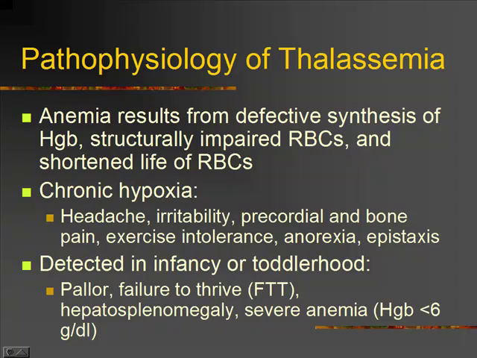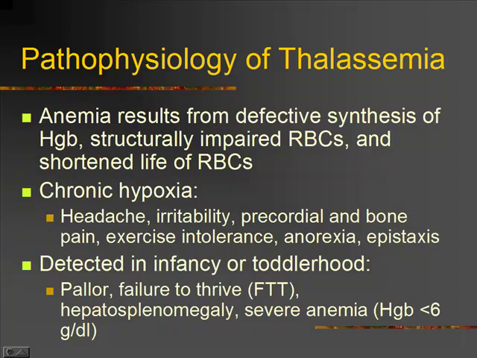Now, the pathophysiology of thalassemia: the anemia results because there's a defective synthesis of hemoglobin. So we're not making normal hemoglobin. They are structurally wrong, the RBCs are, which means they have a very short life because they're not what they should be. They break way too easily.